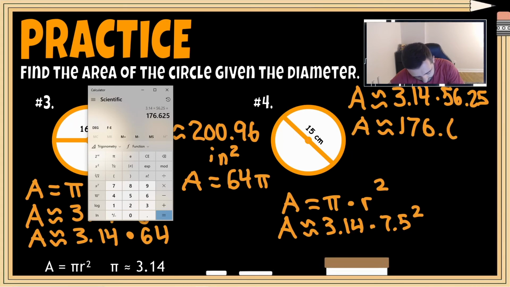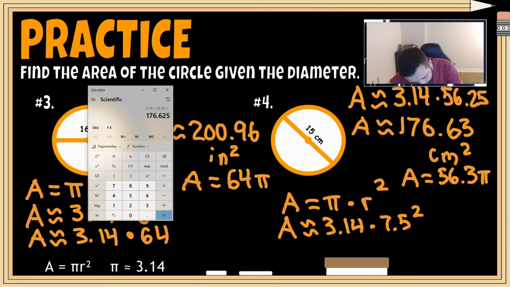We'll have 63 hundredths, and we are dealing with centimeters, and then we'll square it. So we have 176 and 63 hundredths square centimeters, and if you're leaving your answer in terms of pi, we would have area equals, and if we just rounded it to the nearest tenth, it'd be 56.3 pi. Okay, so there's 3 and 4.